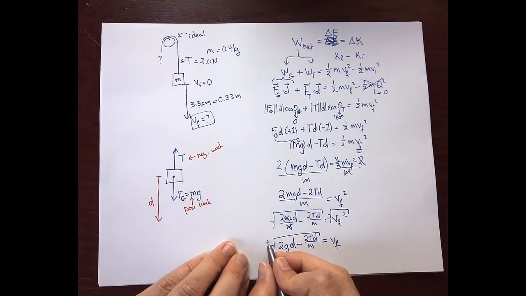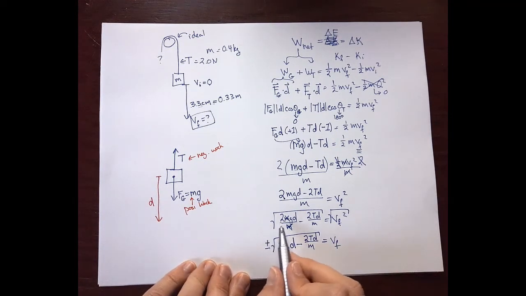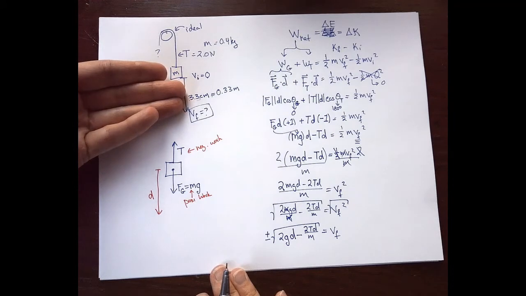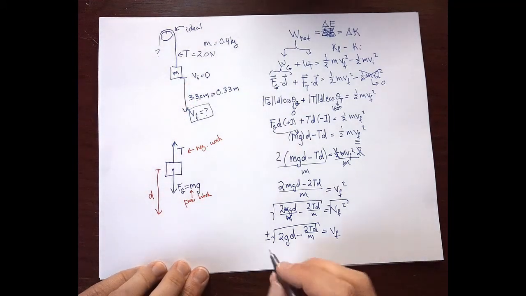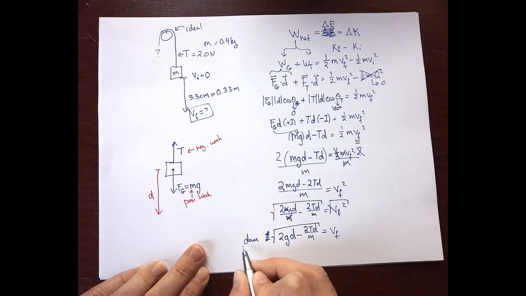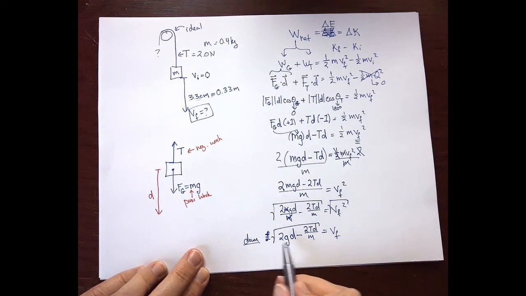And again, it could be up or down from the math, because when we take the square root, we don't know which one is correct. And we haven't actually said which way is positive or negative, so let's just bypass that whole argument and say it's going to be going down. Whether that's positive or negative doesn't matter. This will be the magnitude, and that'll be the direction, down.